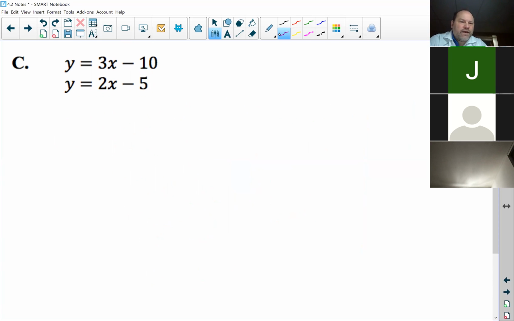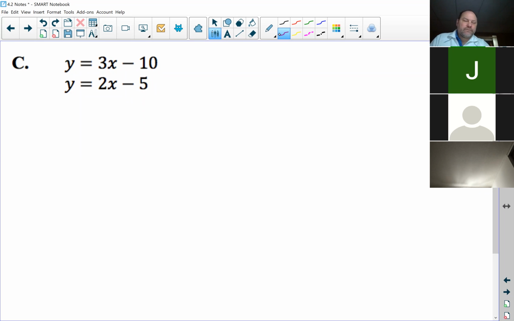Okay, so now for example C, we have y equals 3x minus 10 and y equals 2x plus 5. In our original process, we said we want one equation in an x equals or y equals form. In this case, we have two, and that's okay.